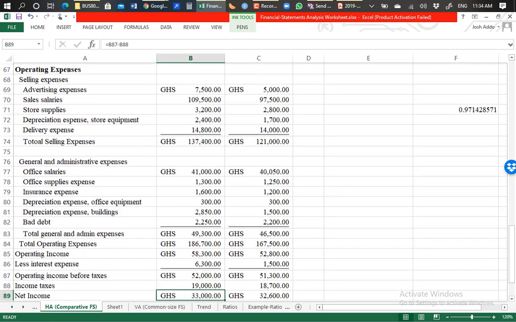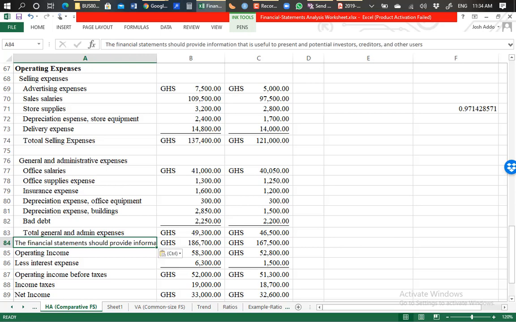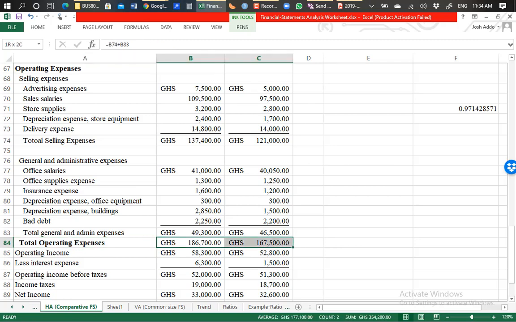Then we have total operating expenses, which is the sum of all the things going into the operating expenses. Total operating expenses is 186,700 for 2019, and then we can see the comparative period's figure.